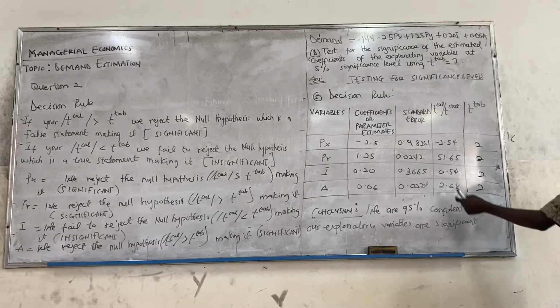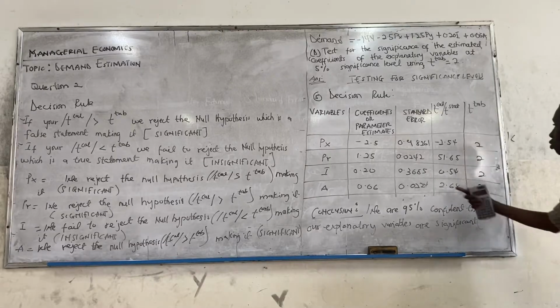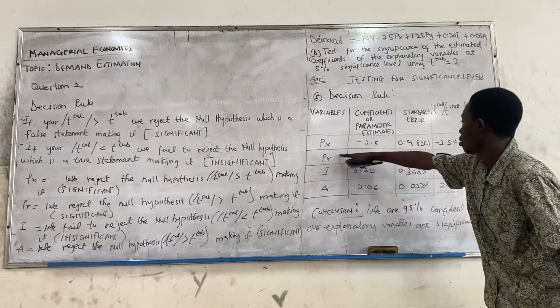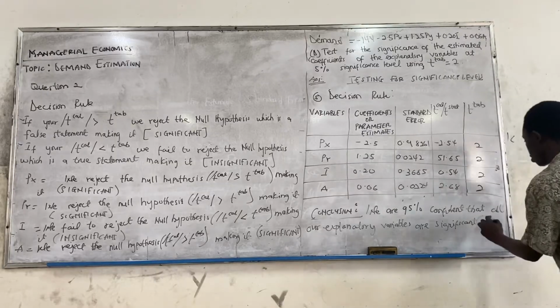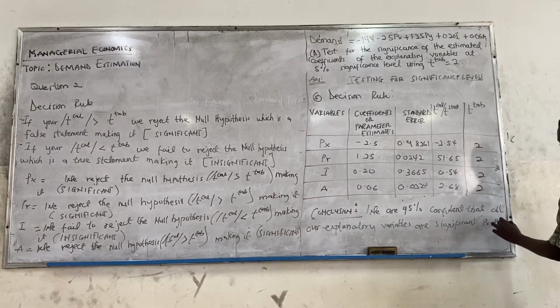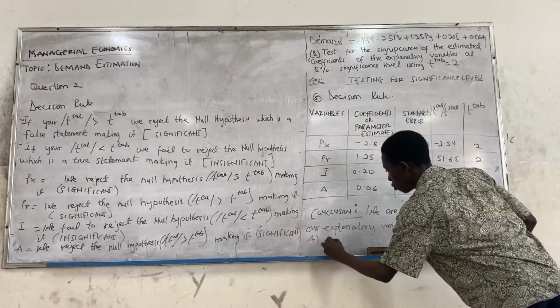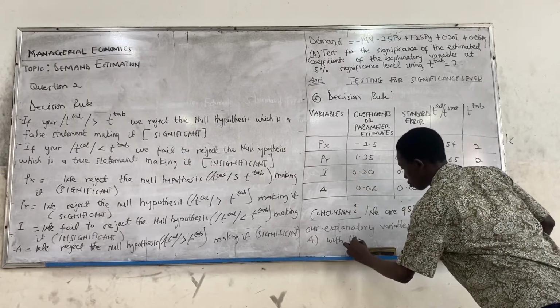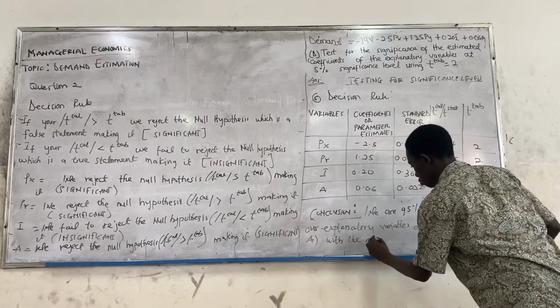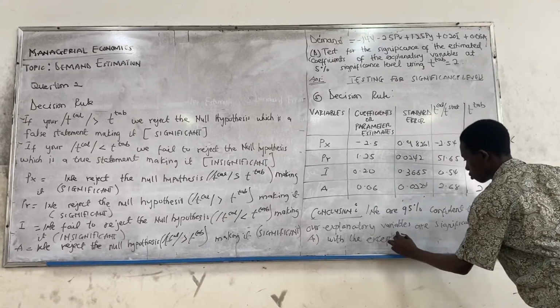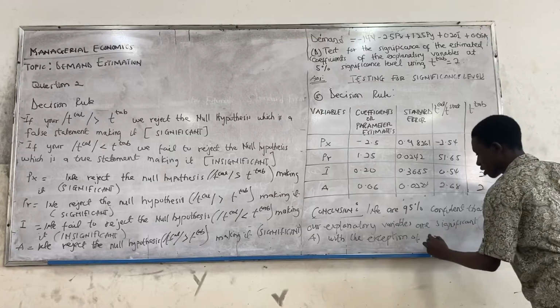Then you put in all the significant variables. So Px is significant, Py is significant, A is significant, with the exception of income, which is insignificant.